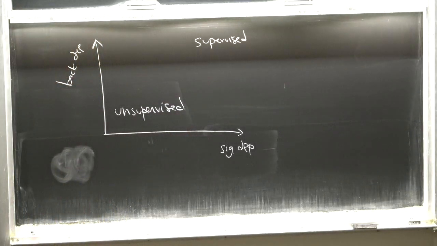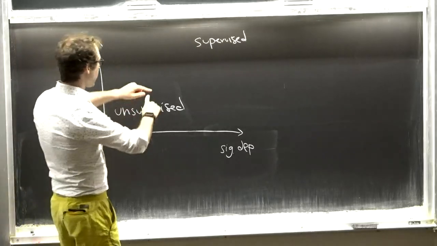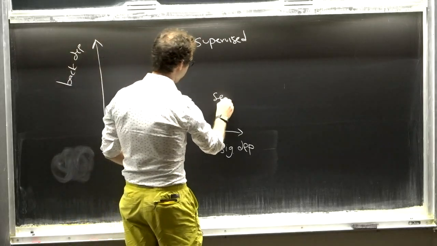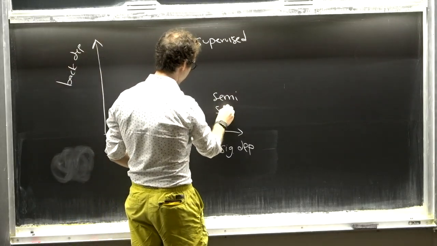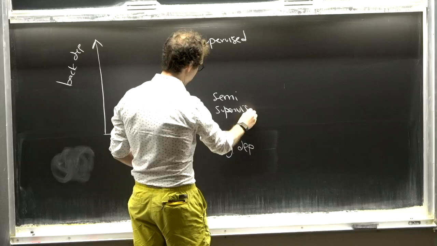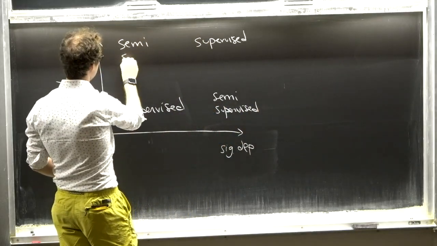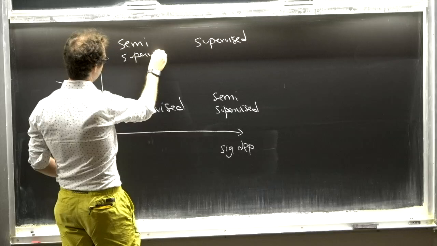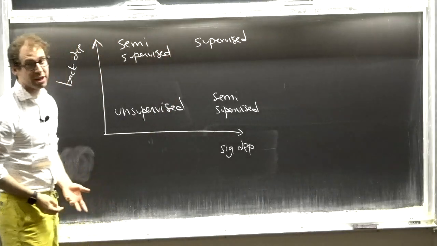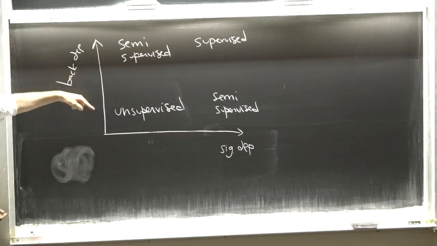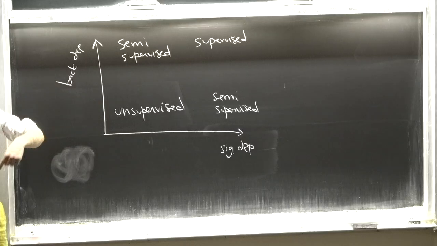And in unsupervised, there are no labels. I have a machine learning model where I don't tell it what's signal and what's background. And then in the corners, I'm going to call this semi-supervised, in the sense that I have partial labels. For instance, in the bottom right, I have labels for signal, but not for background. In the top left, I have labels for background, but not signal.